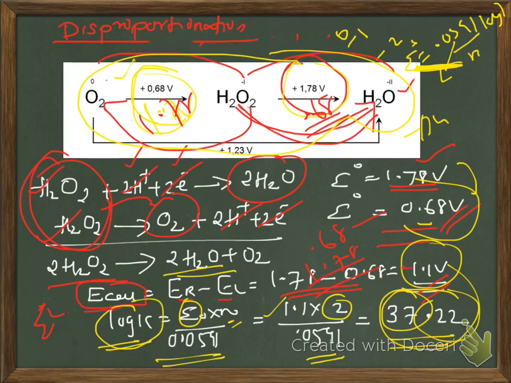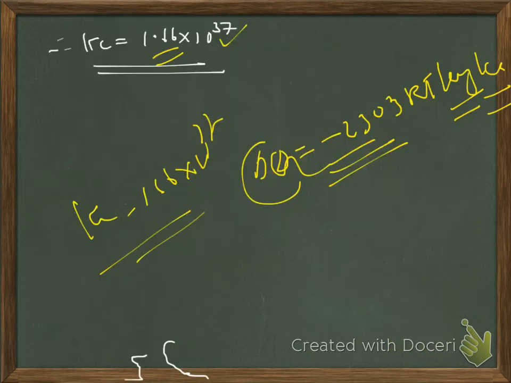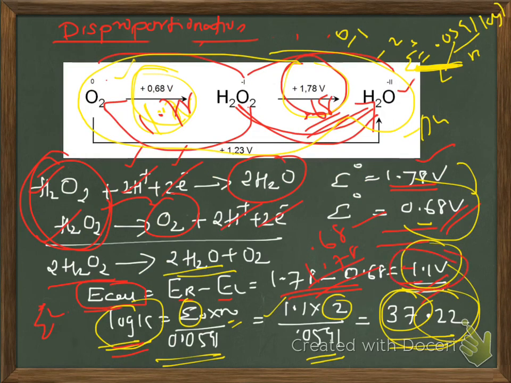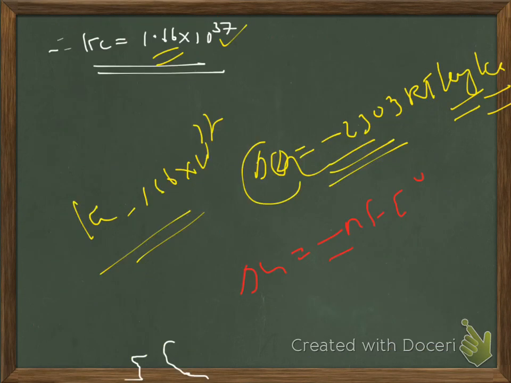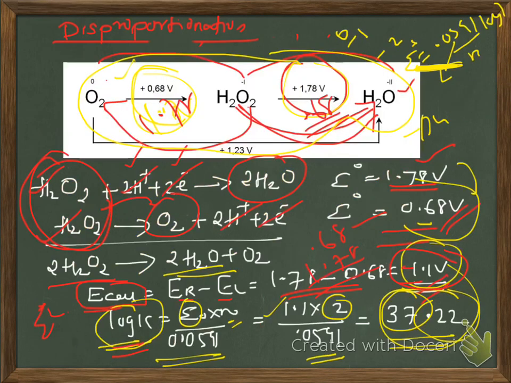If E cell is negative, log K will not be a value greater than 1 and delta G becomes a positive value. Delta G equals minus nFE0. If E0 is negative, the negative of the negative will be a positive value. Then delta G becomes positive and the reaction is not possible. Under such a condition disproportionation is not happening.